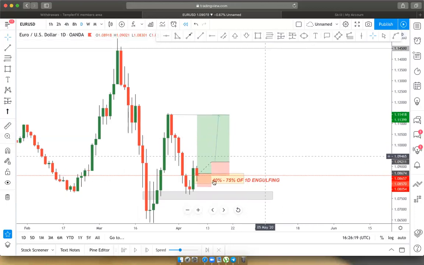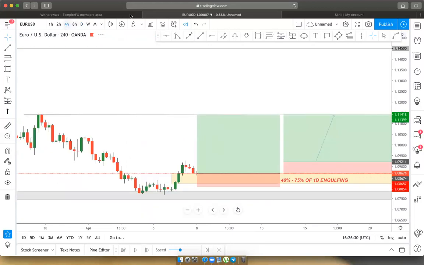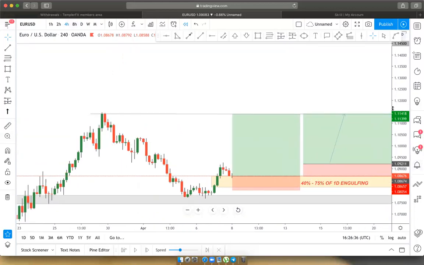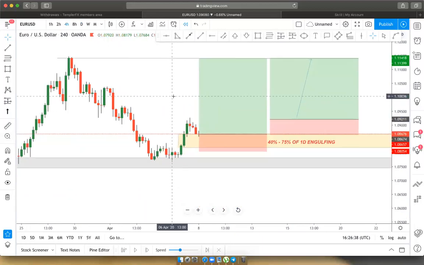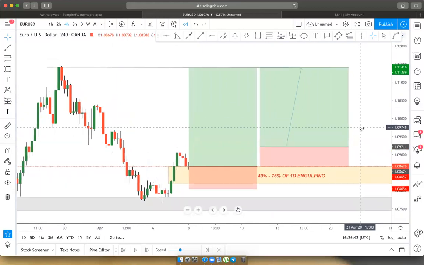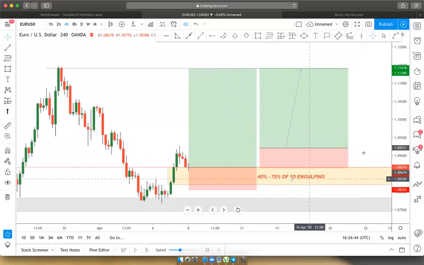So we waited for the 40% to 75% retracement of the daily engulfing so we could get an entry. When we dropped to the 4-hour time frame, we saw that the price came all the way to that region, the 40% to 75% of the daily engulfing.